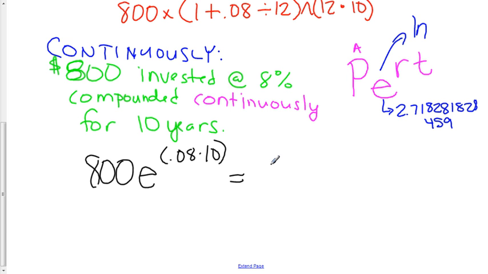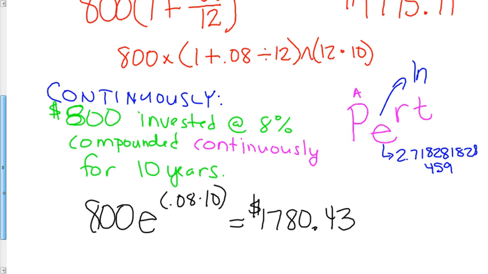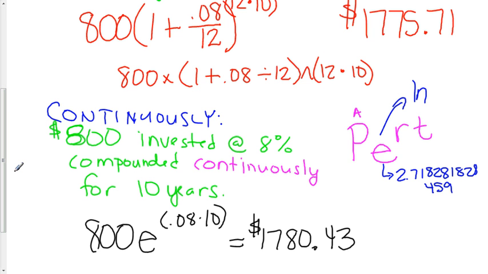And that would get you $1,780.43. So you'd earn just a few more dollars on an $800 investment over a 10-year time. And so that ends what is all involved in Chapter 3, Section 1.